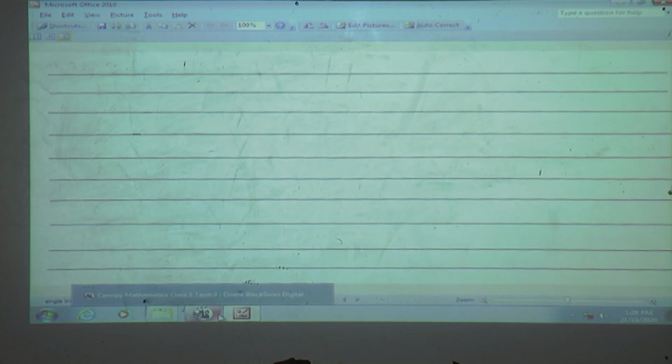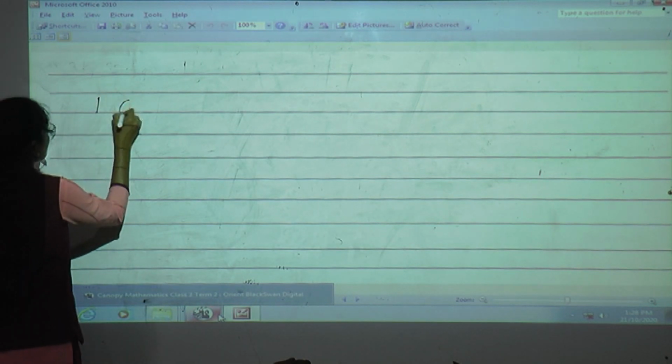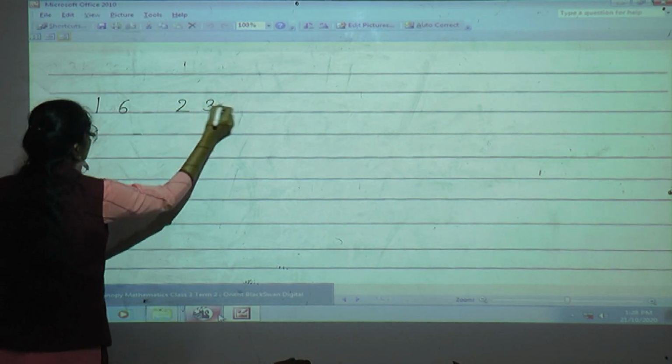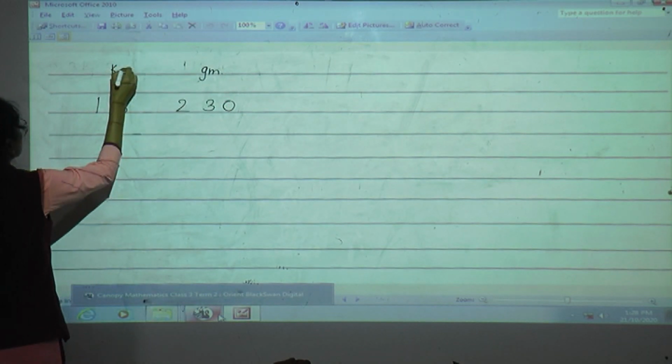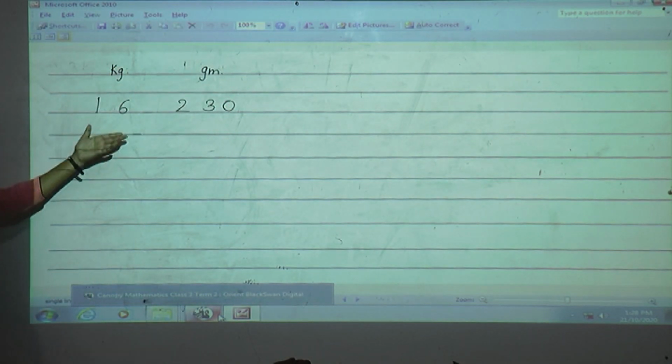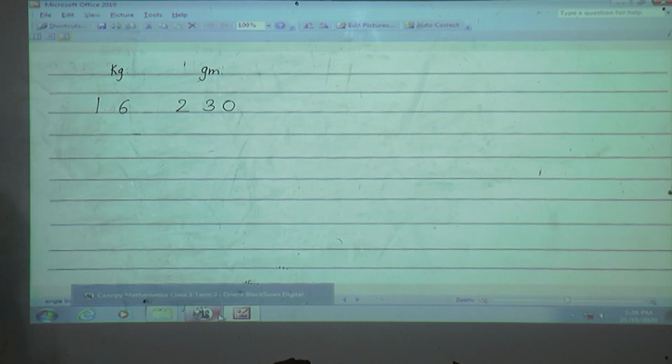What was the weight of the full filled bucket? 16 kg 30 gram. Okay, this is grams column, this is kilograms column. From filled bucket we have to subtract the weight of the empty bucket.